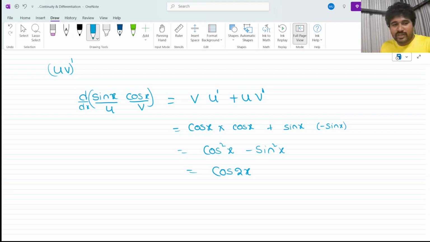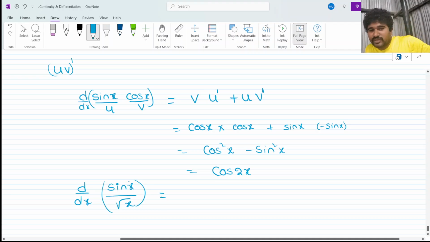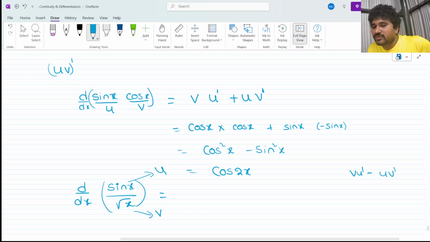For example, if you have d by dx of sin x by root x. It's like the numerator is u, the denominator is v. What is its formula? vu dash minus uv dash by v square.